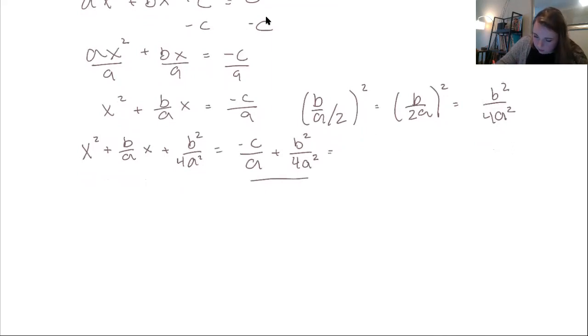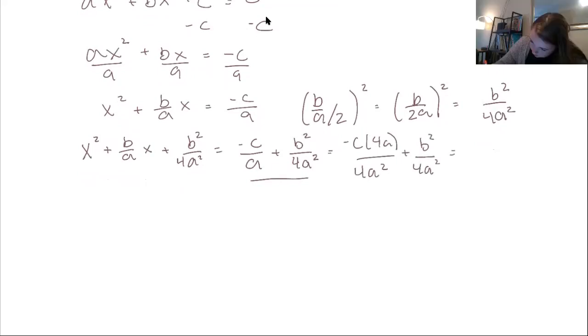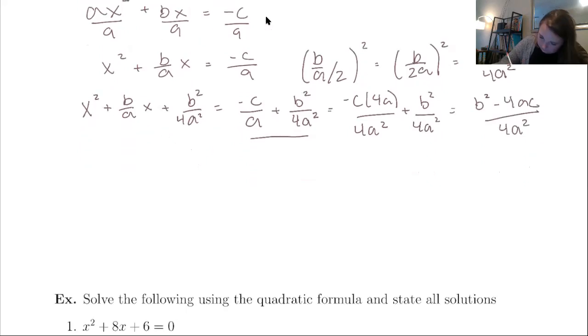The least common denominator is 4a squared. So I had to do c times 4a over 4a squared plus b squared over 4a squared, which will give me b squared minus 4ac. Do you guys see that? All right, so I have b squared minus 4ac all over 4a squared.